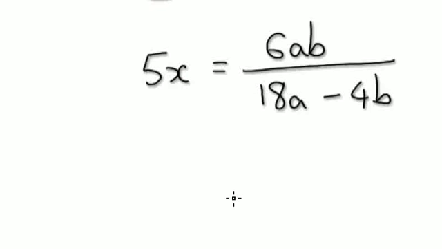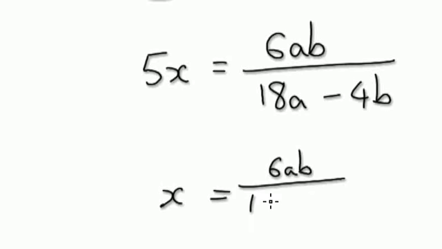Okay. And now you got to divide both sides by 5. So if you divide both sides by 5, it will look like this: 6ab over 18a minus 4b divided by 5. Well, if you divide, it gets multiplied to the bottom.